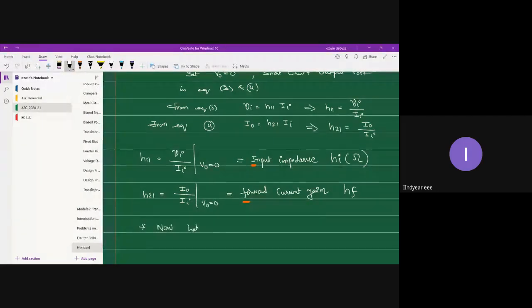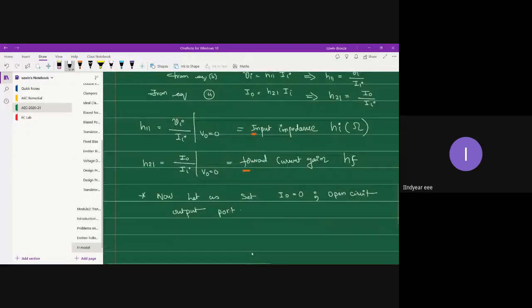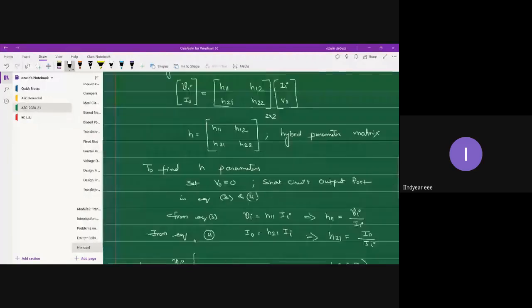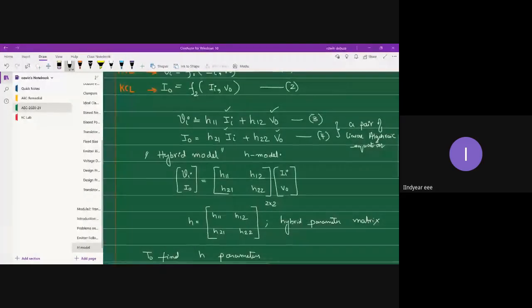Now, let us set I naught equal to 0. That is an open circuit output port. So when you open circuit the output port, current becomes 0. So when you do that, what do you get? The equations.